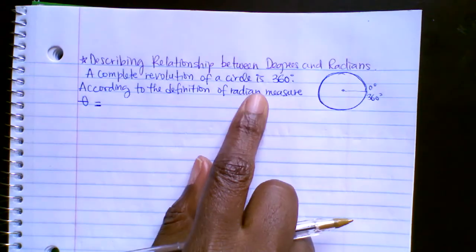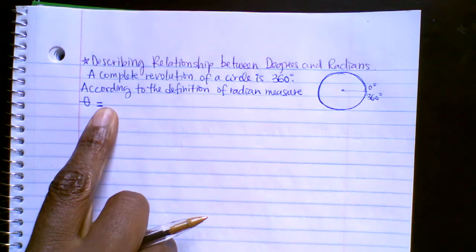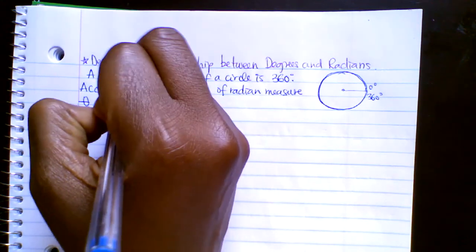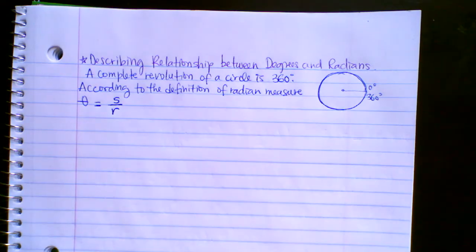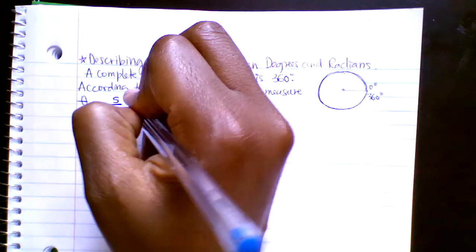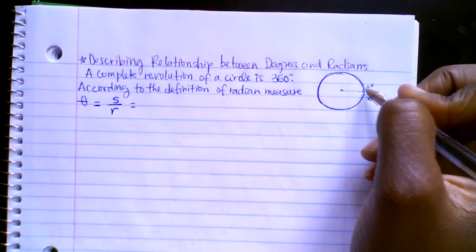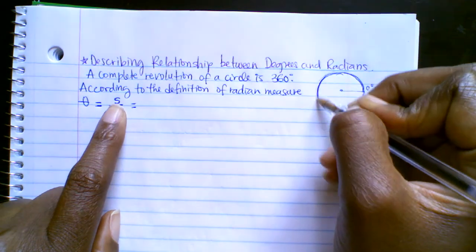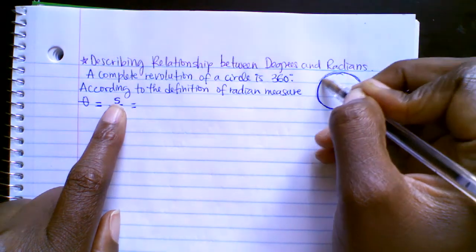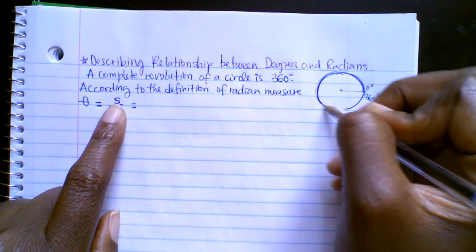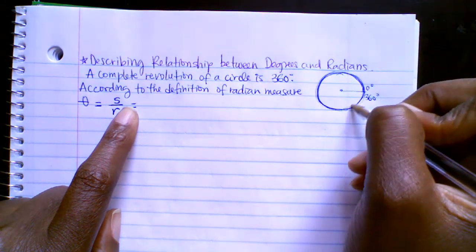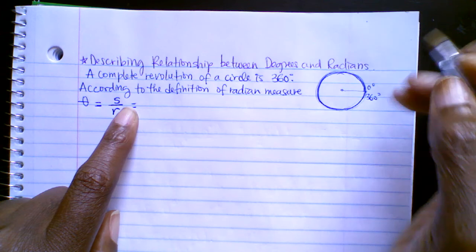According to the definition of radian measure, theta is equal to the arc length over the radius. Now, we want to find this for a full revolution. So this s represents the circumference. What is the circumference for a full revolution or a full rotation? What is the formula for the circumference for one full rotation?